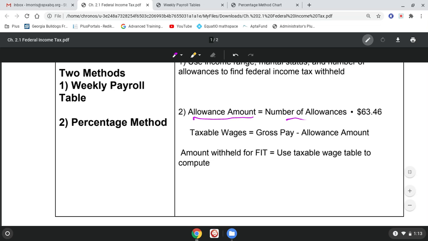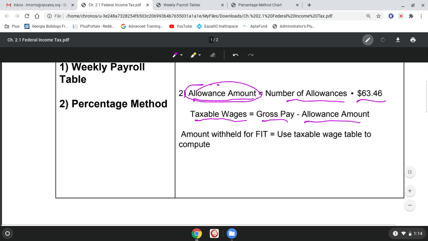So that's going to be the number of allowances times $63.46, because that's the amount of each allowance that you have. So if you have two, you're going to take 2 and multiply it by that, and that will be your allowance amount. So then the second step is to find your taxable wages. So that's going to be your gross pay minus that allowance amount that you found.